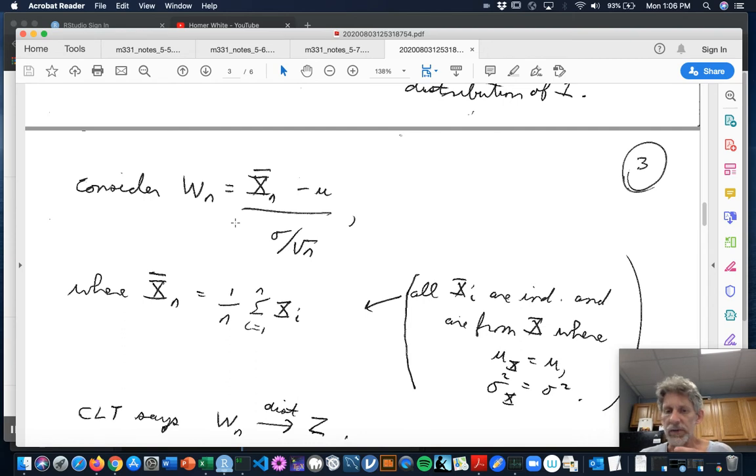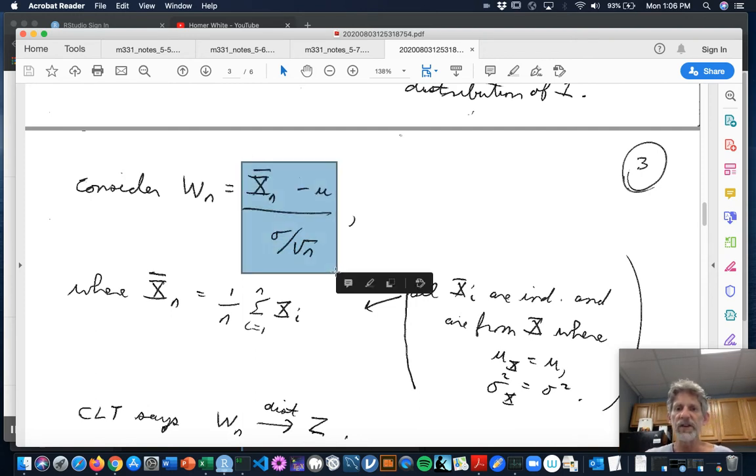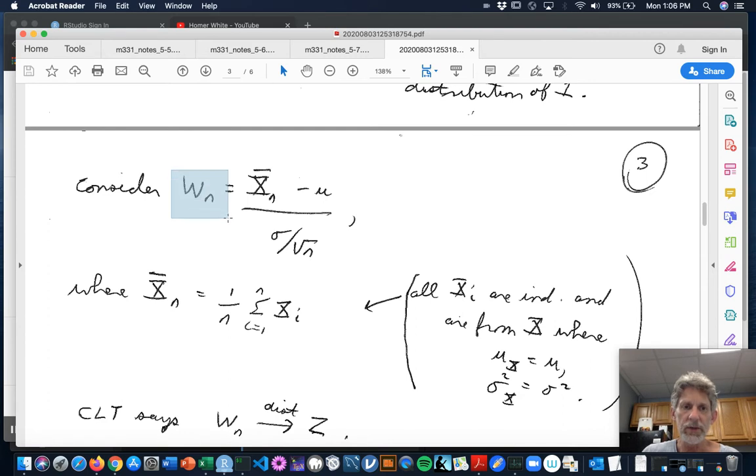Call that variance sigma squared. Then the standard deviation of xn bar would be sigma over root n. And so this expression here is the standardization of the sample mean based on a sample of size n. We're going to call it Wn for short, and we're going to be studying the limit of the distributions of the Wn, hoping that it comes to a standard normal.